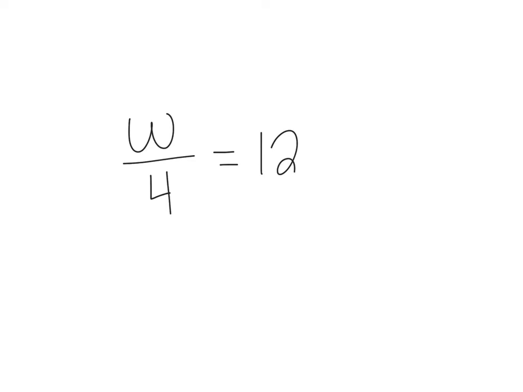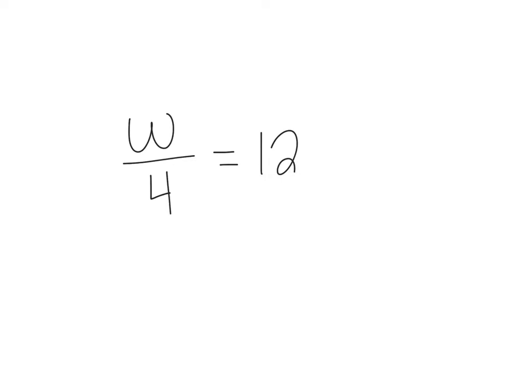This looks like a fraction, but remember that a fraction bar really means divide. So when you see this, you just know it means w divided by 4 equals 12. This is a division equation, so we need to do the inverse of division, which is multiplication. We're going to multiply both sides by 4, instead of dividing by 4.